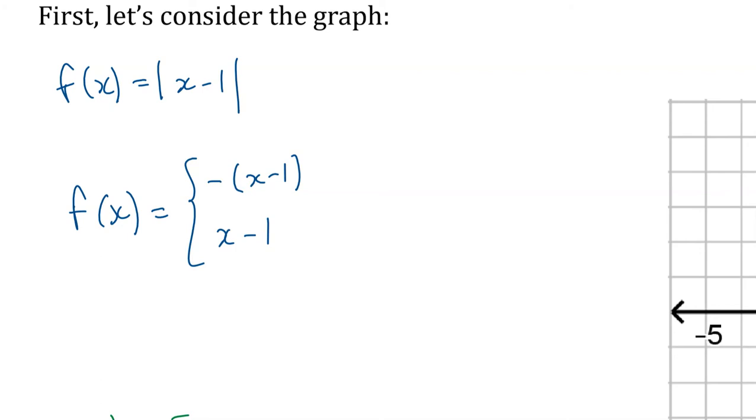Just by inspection. When x is less than 1, so like 0, 0 minus 1 is negative 1, negative 1 minus 1 is negative 2, negative 2 minus 1 is negative 3, so yep, all those numbers. So when x is less than 1, and when x is greater than or equal to 1, it'll evaluate to 0 or a positive, and so we can leave it alone.